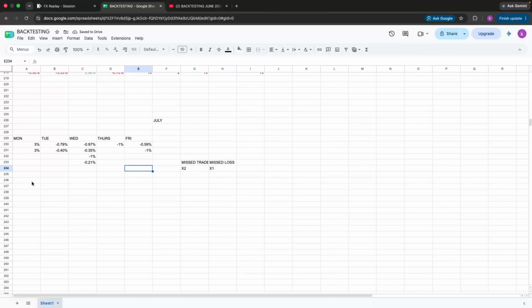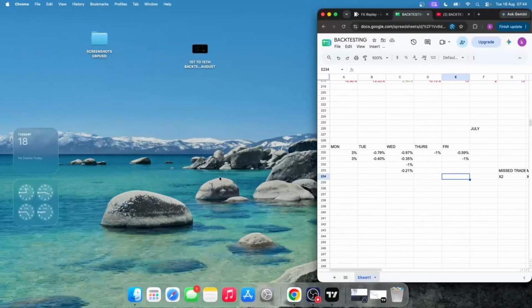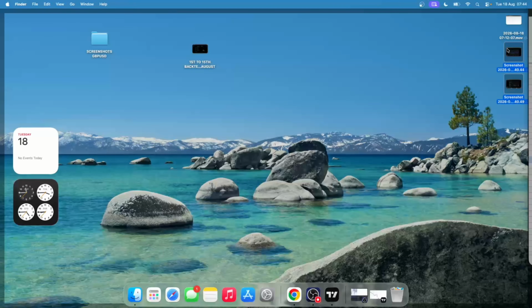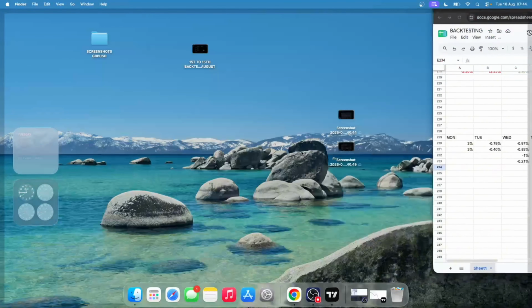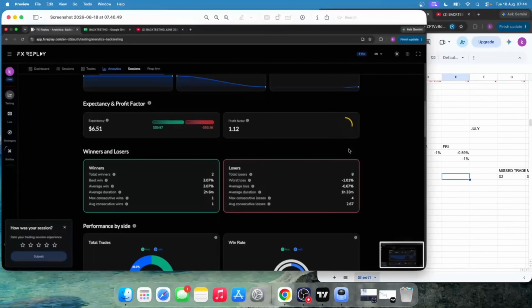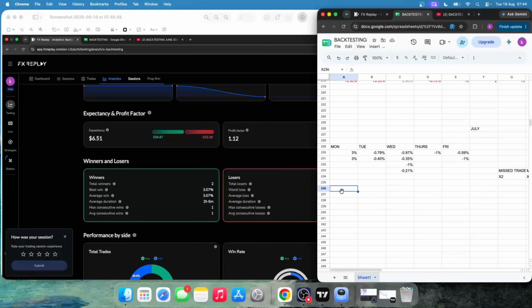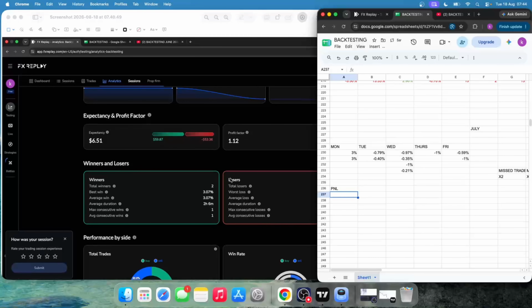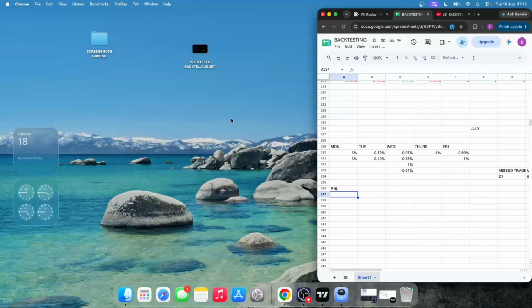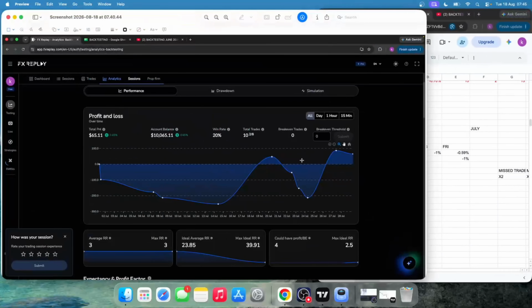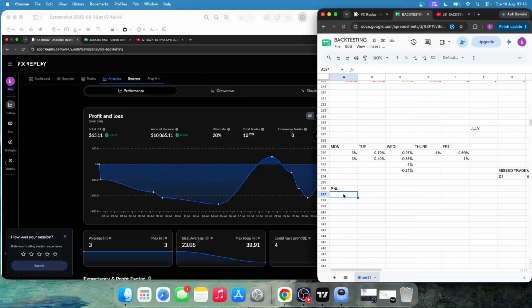So need to look at the screenshots now. So average loss would still remain the same. So I'll type in P&L. P&L would be minus.